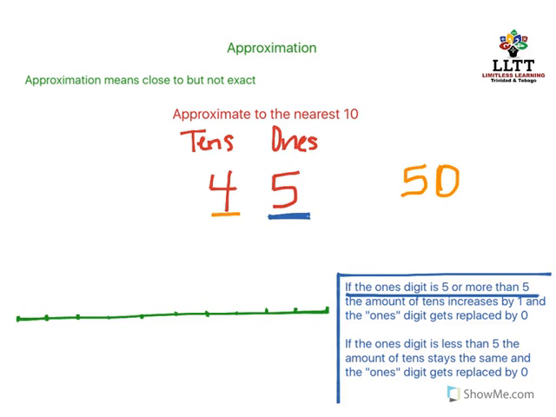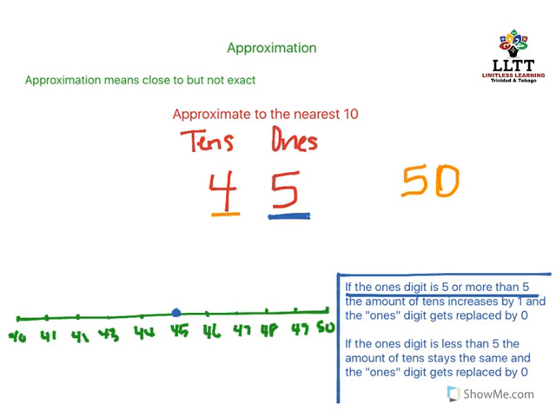Let's look at this one on a number line. On our number line, we're going to go from 40 to 50. So 40, 41, 42, 43, 44, 45, 46, 47, 48, 49, and 50. Now, our number 45 is straight in the middle.